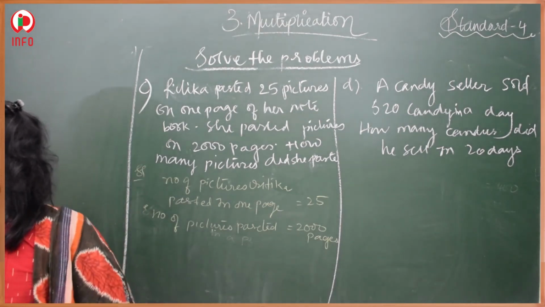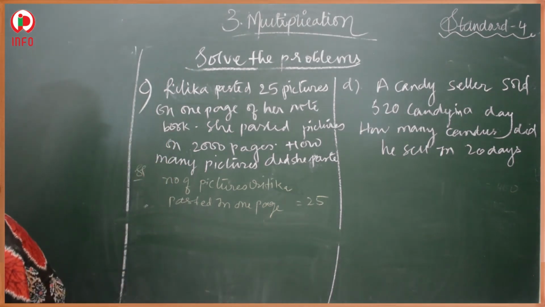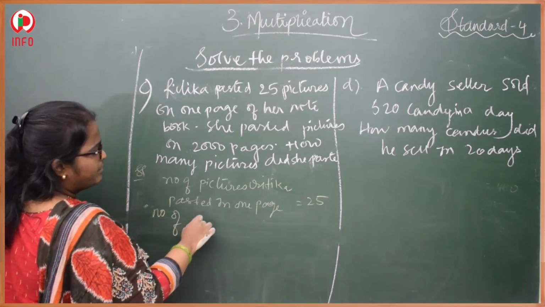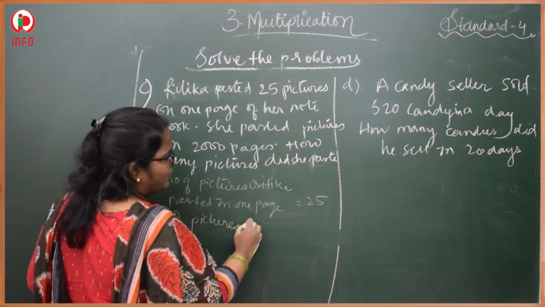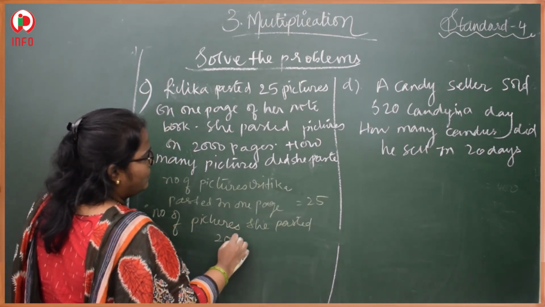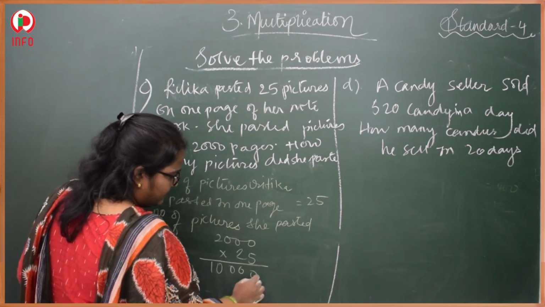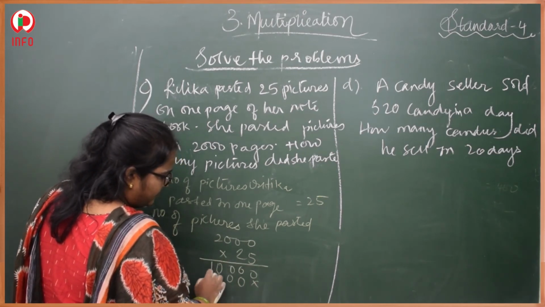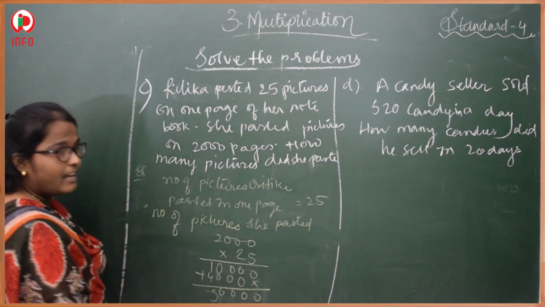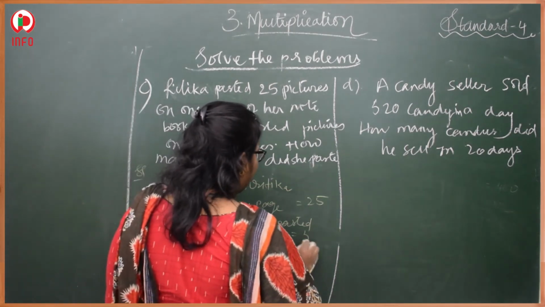It's not required to write this for you all; you can skip it. So what we have to find out? How many pictures did she paste? Number of pictures she pasted is equal to 2,000 into 25. How much, children? 50,000 pictures.